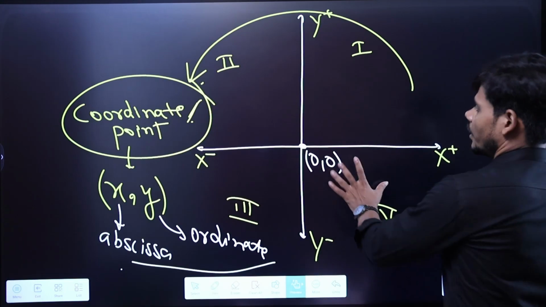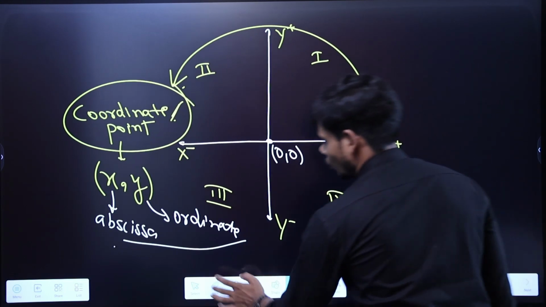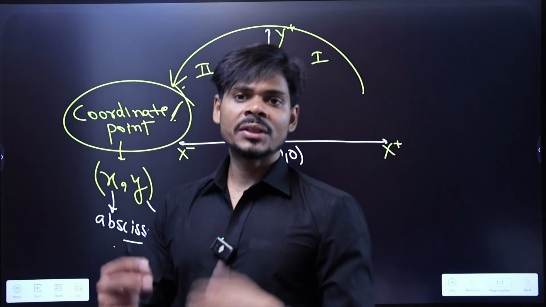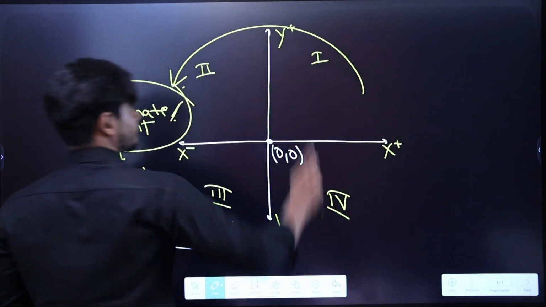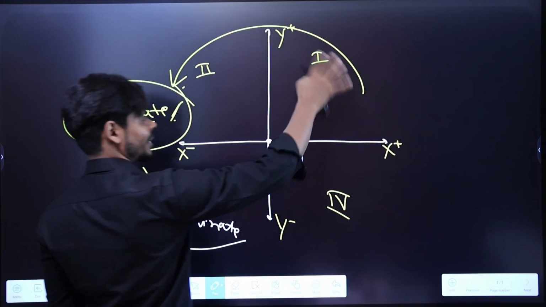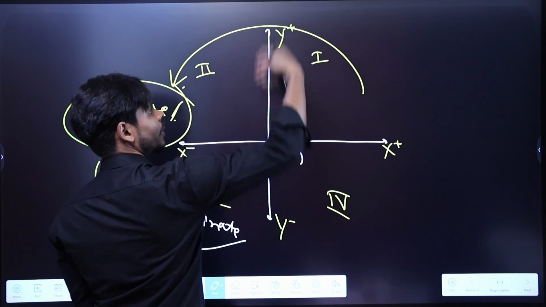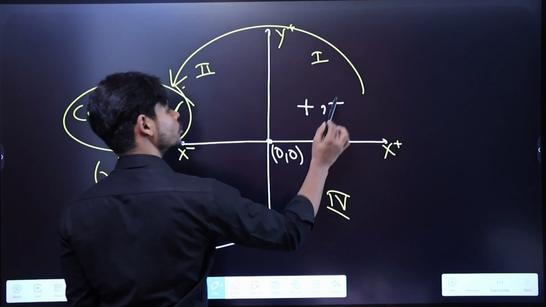Next, we need to find the signs of the abscissa and ordinate, x and y, with respect to any quadrant. For example, the first quadrant is made up of the positive x-axis and the positive y-axis, so the value of x will be positive and the value of y will also be positive.